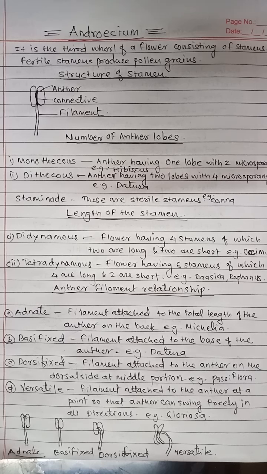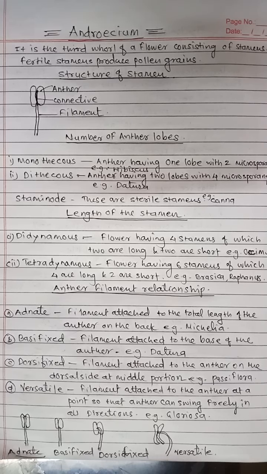Example, Michelia. Then basifix. Filament is attached to the anther at the base of the anther. Example, Datura. Then dorsifix. The filament is attached to the anther on the dorsal side at the middle portion.